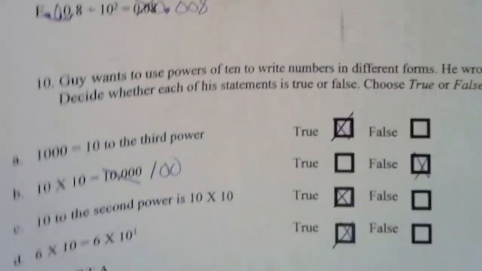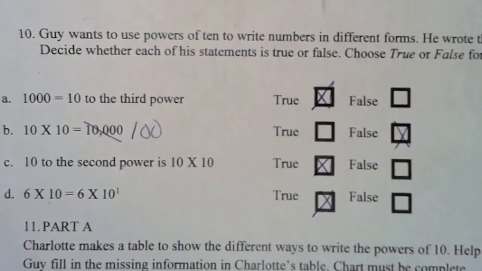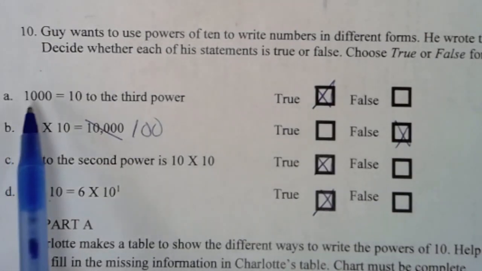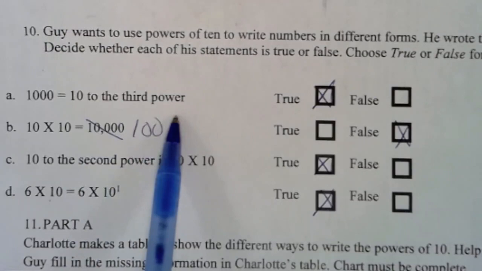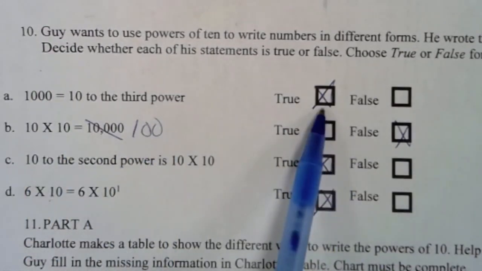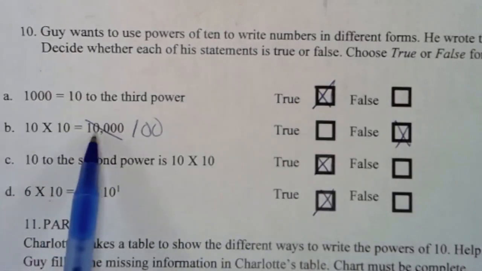Number 10. Guy wants to use powers of 10 to write numbers in different forms. He wrote these statements. Decide whether each of his statements is true or false, and choose true or false for each statement. 1,000 equals 10 to the third power. There's 3 zeros here, so yes, it would be 10 to the third power, true. 10 times 10 is 10,000.